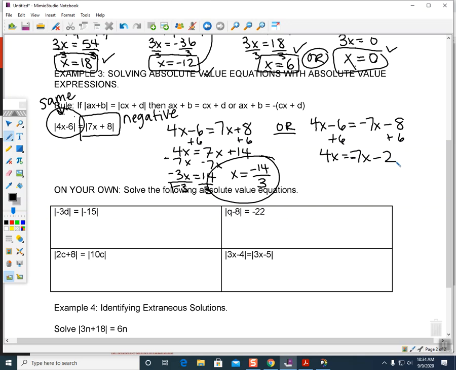Okay, to get rid of this, I need to add 7x to both sides. 11x equals negative 2. Using the same thing that I just told you about this answer over here, I will divide both sides by 11, but that's going to leave me with x equals negative 2 over 11.